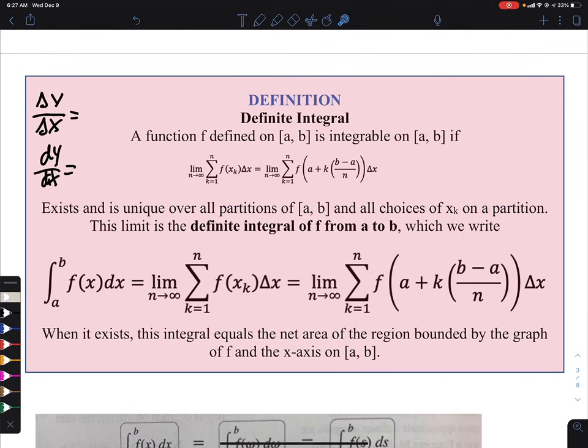So, big takeaway. This notation here, this definite integral, gives you the net area. So if you want to figure out what this is, it is net area. Big, huge takeaway.